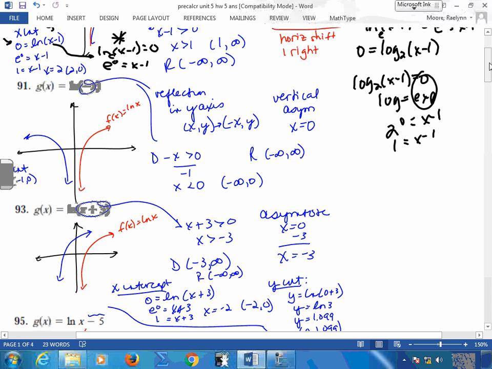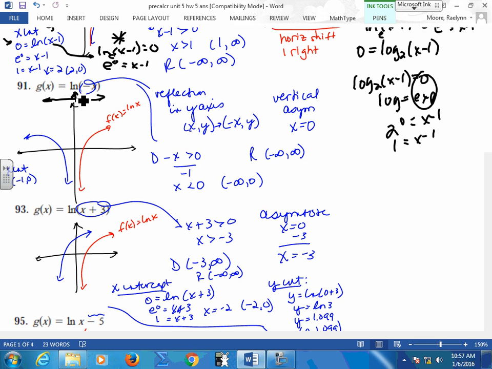Okay, the next one. If your x is going from positive to negative, move your finger from positive to negative. There's your reflection over your y-axis. So just reflect this in your y-axis. If you use your rule that negative x has to be greater than 0, if I divide by a negative 1, I flip the sign.